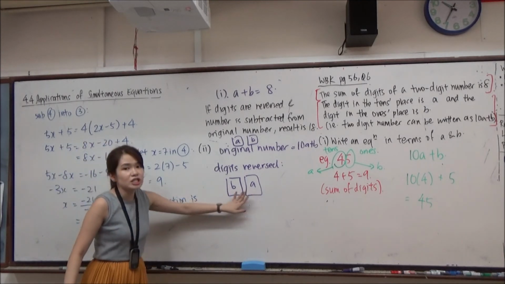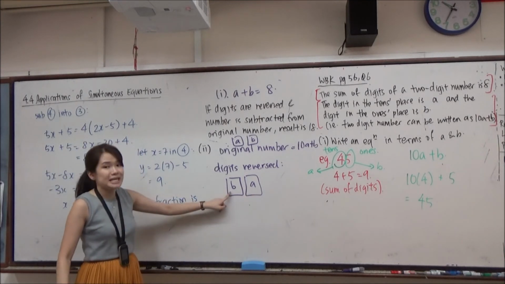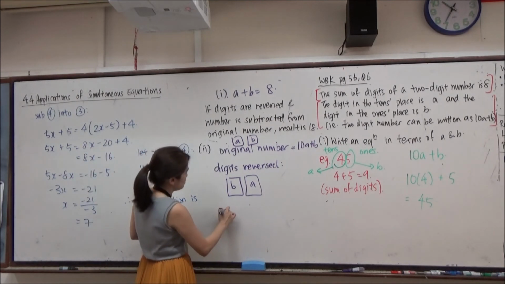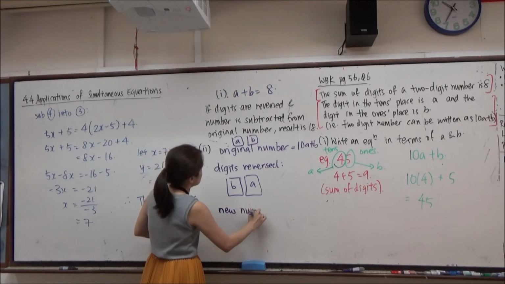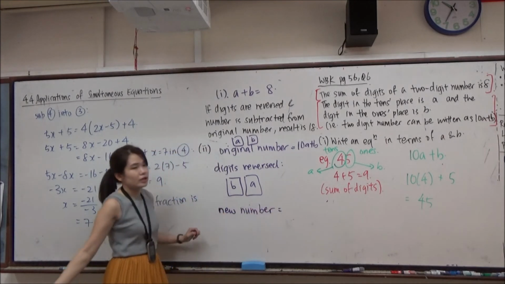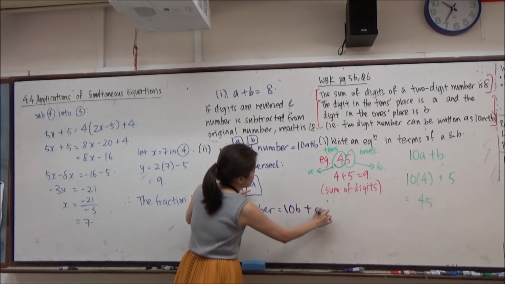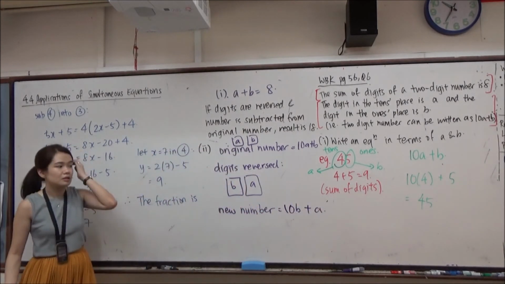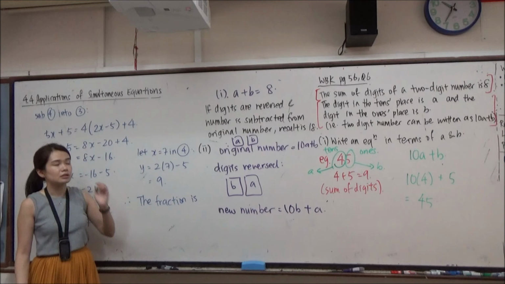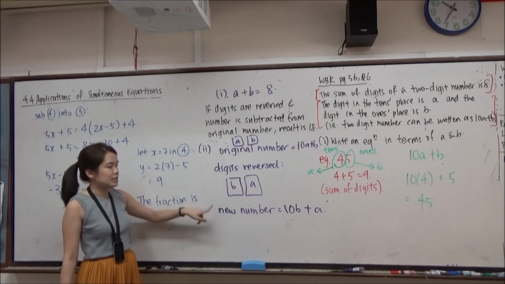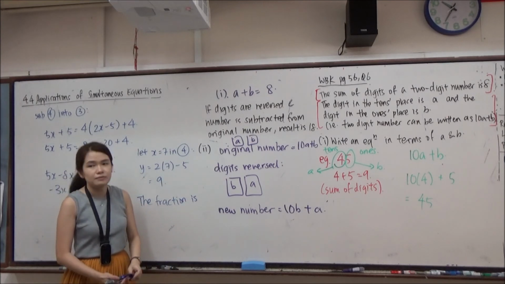So if the digits are reversed like that, the new number will be 10 times the value of B plus A. Original number 10A plus B, new number 10B plus A.